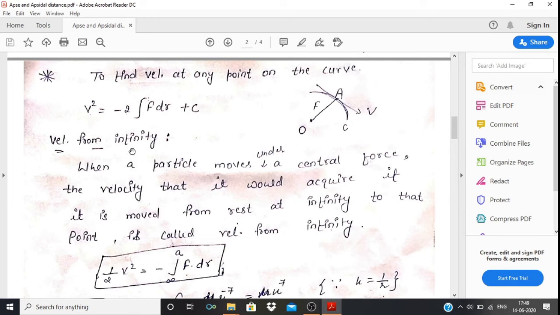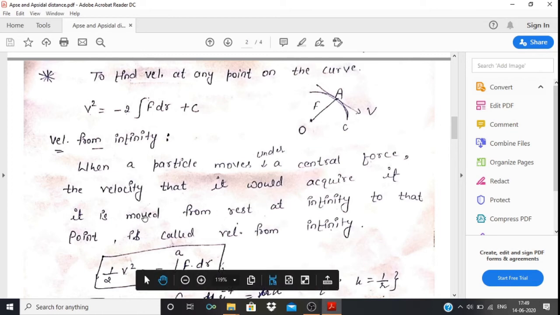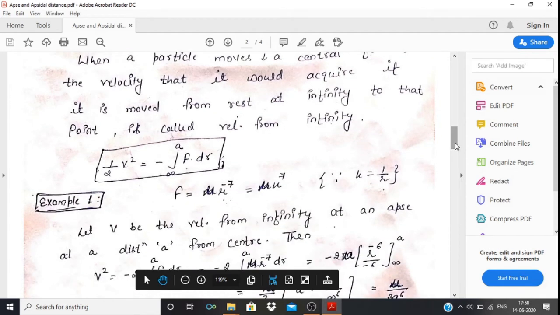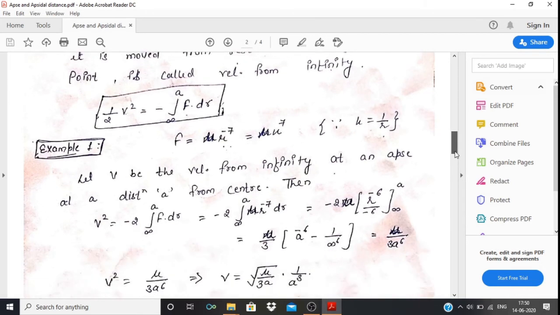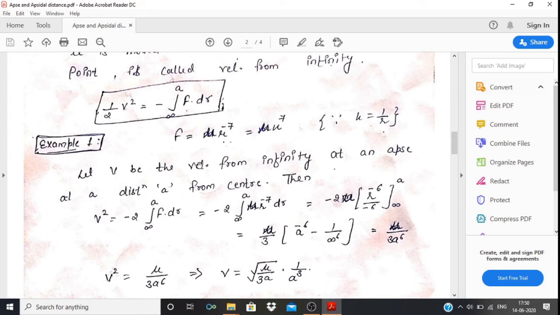When a particle moves under a central force, the velocity that it would acquire if it moved from rest at infinity to that point is called the velocity from infinity, and the formula is given as v square upon 2 is equal to minus the integral from infinity to a of f dot dr, where f is the central force. We can easily calculate the value of the velocity from infinity to that point at an apse.